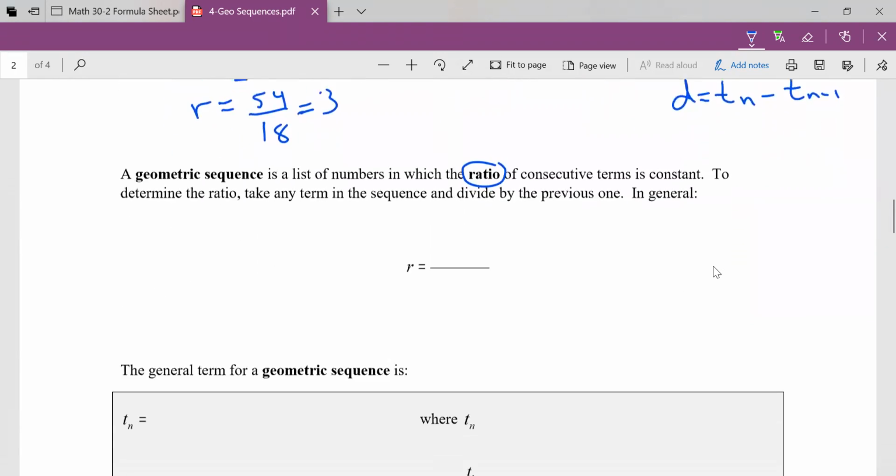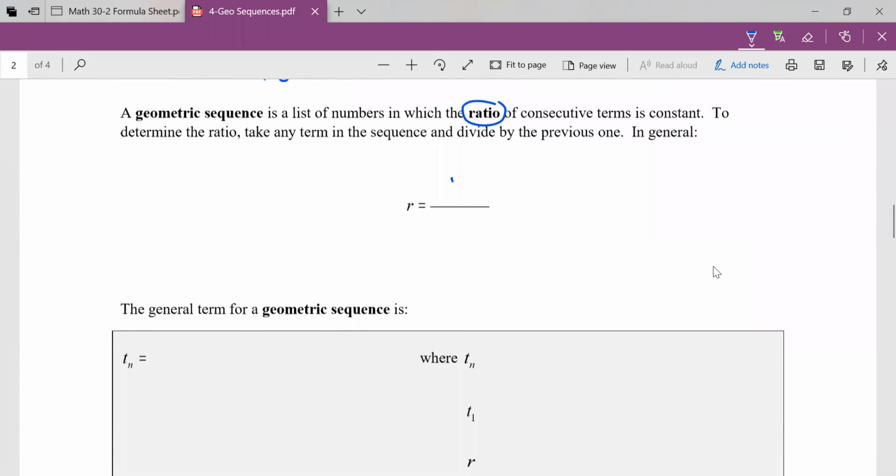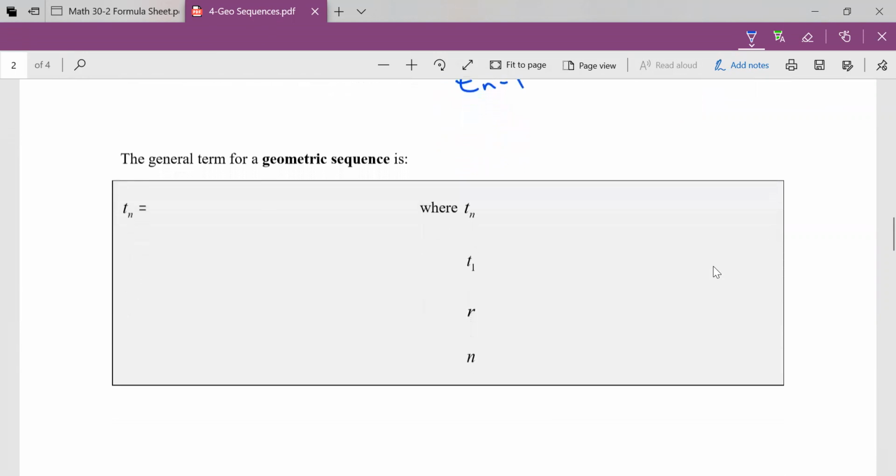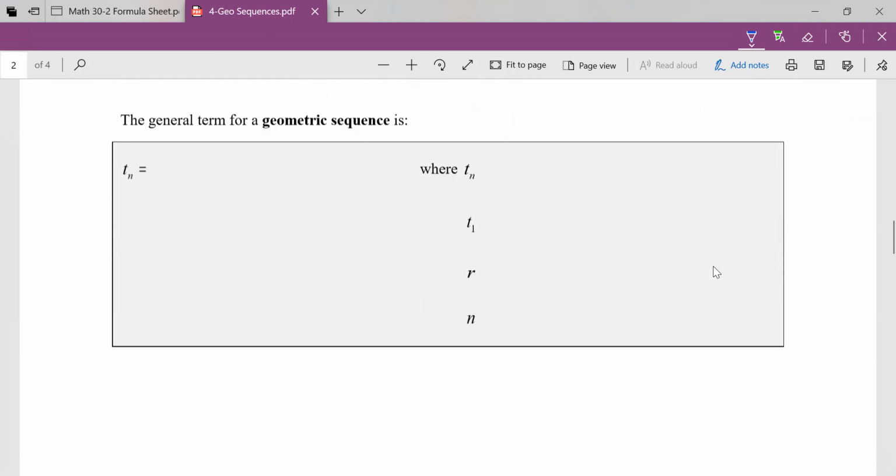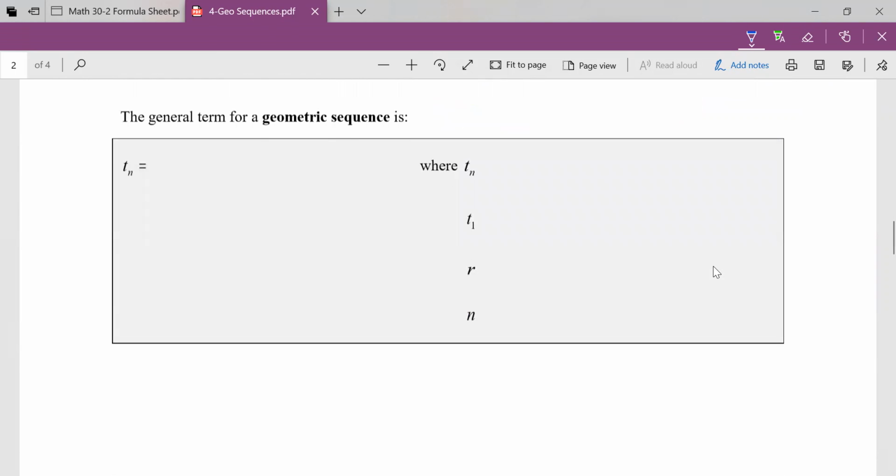If we really want to make one, it's any term, Tn, divided by the previous one. I don't use the formula that much. You don't need to write it down typically. You just think it's any term divided by the previous. And you will definitely need to use that in this section because sometimes the sequences aren't that pretty.